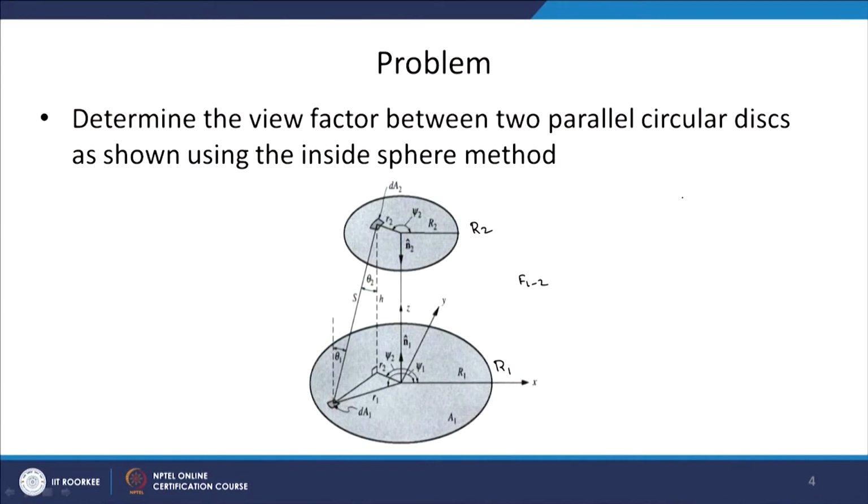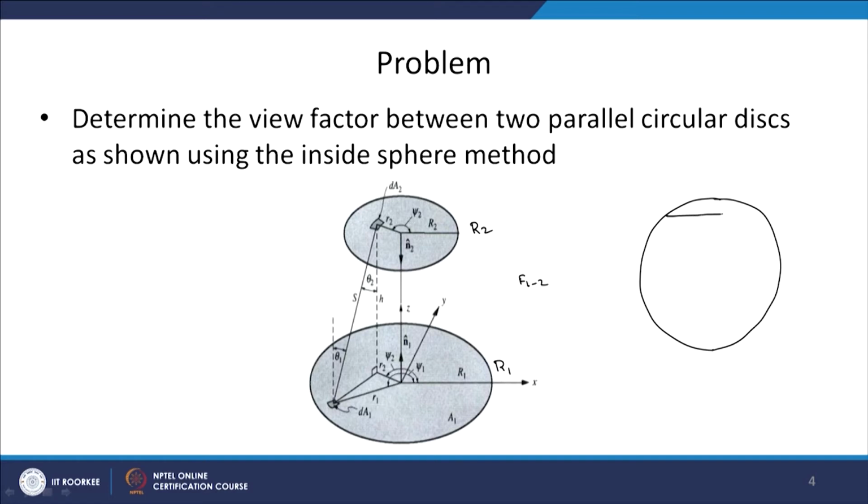Again, to apply the method, we have to fit these plates inside a sphere. So, let us first draw a sphere of radius r and then we will fit the plates. This is the sphere that we are going to fit our plates in.